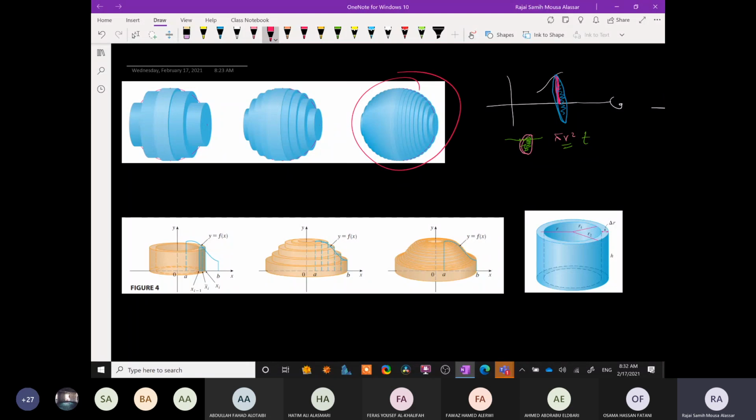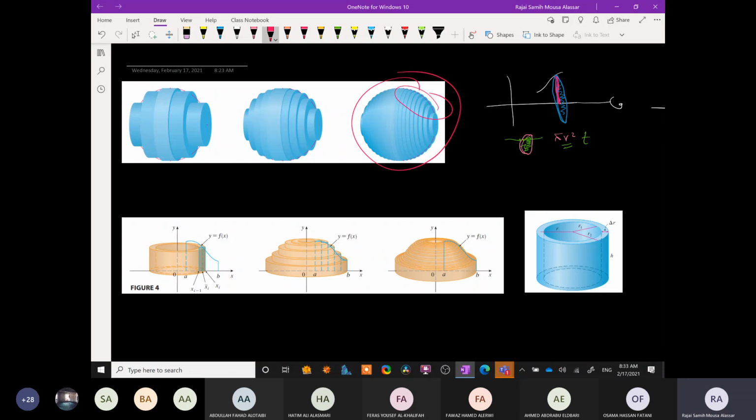So you see that this edge is not really smooth, and to make it smooth, you need to make as many disks as you can. And by taking as many disks as you can, you're actually asking for the limit of the Riemann sum, basically.